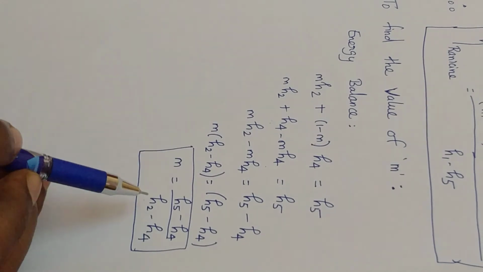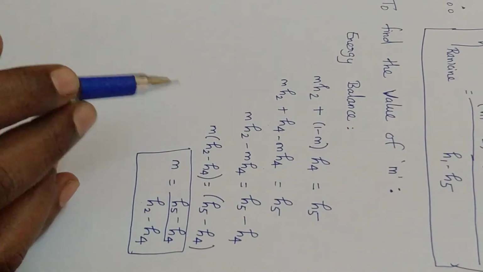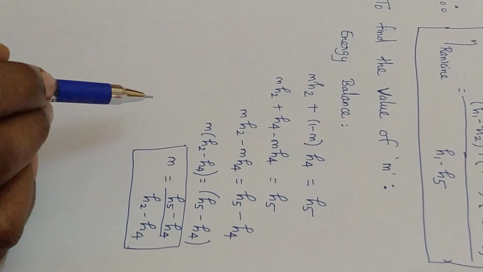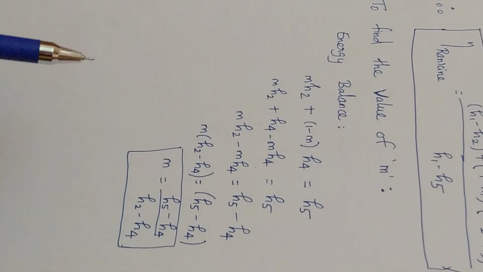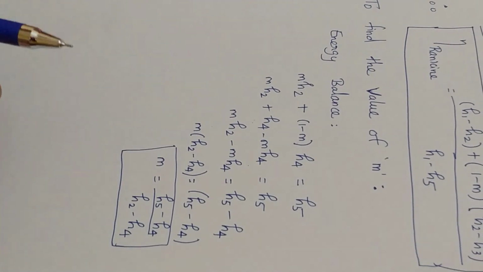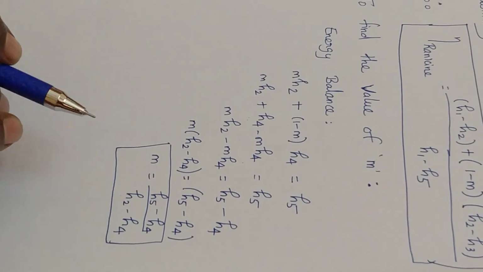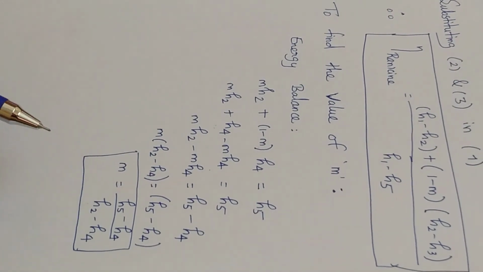Once we find H1, H2, H3, H4 and H5 with the aid of the steam table or Mollier chart, you can find out m. By substituting all the values, we can find out the efficiency of the Rankine cycle. So it is a known truth that the efficiency of the reheating cycle and regenerative cycle will be greater than the efficiency of a simple Rankine cycle. Thank you.